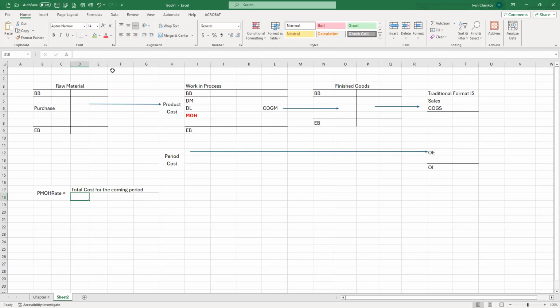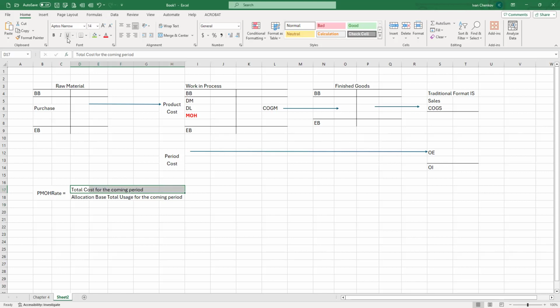But that doesn't solve my problem, because I have to be able to allocate to find what will be the cost per single unit, and then to apply that cost. Finding the total cost doesn't help me at all, because I'm not selling total products, I'm selling a single product. So I have to find some allocation base and calculate the total usage for the coming period, for the same period for which I calculated the total cost.